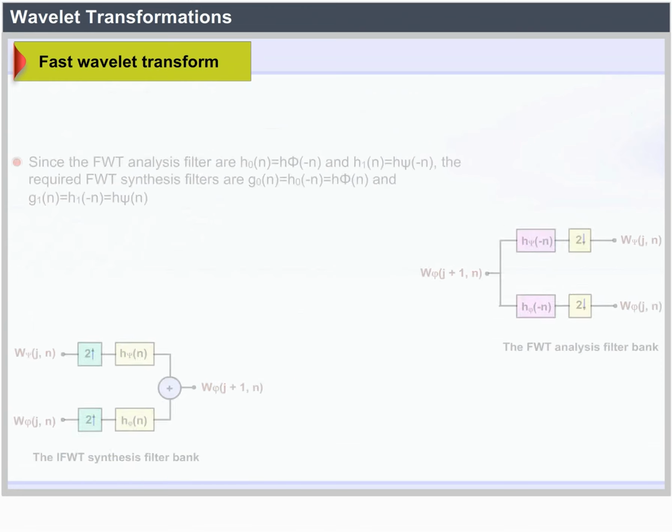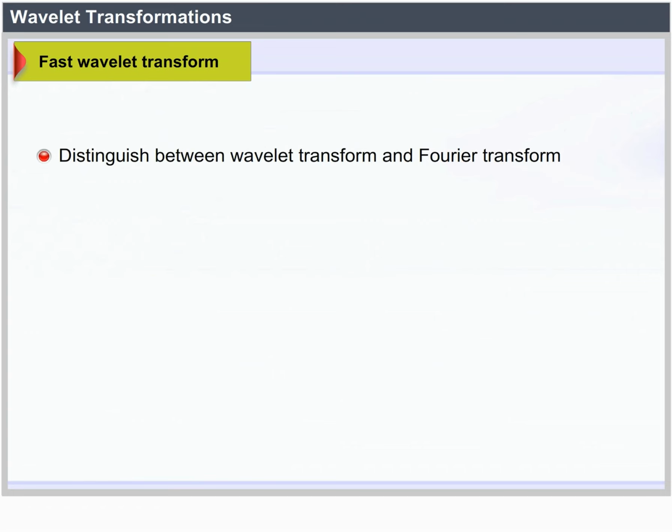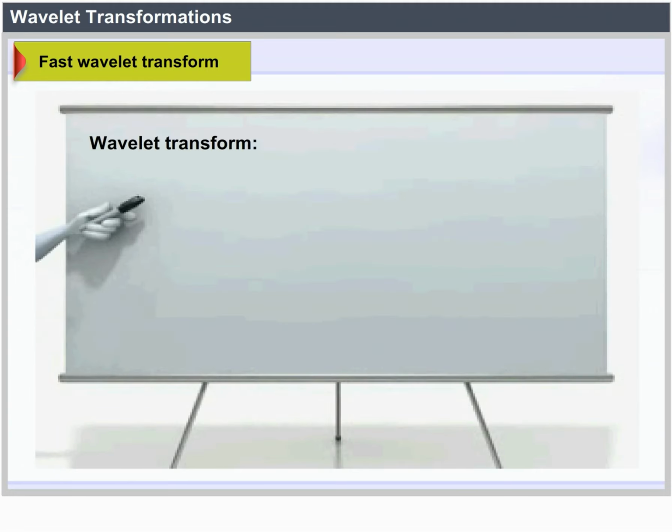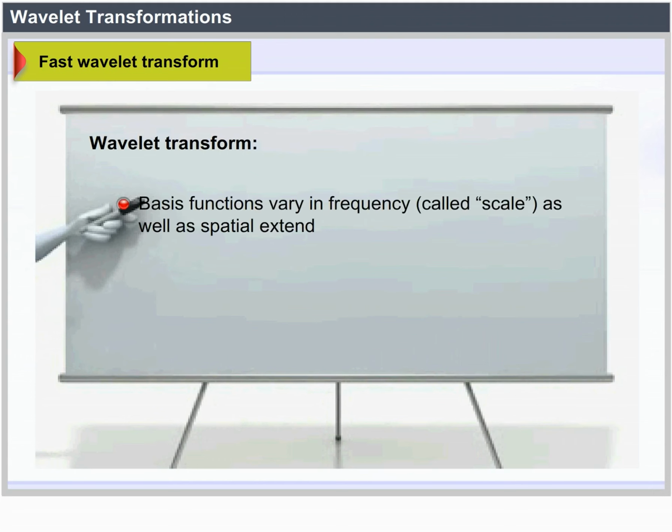Distinguish between wavelet transform and Fourier transform. Fourier transform: basis functions cover the entire signal range, varying in frequency only. Wavelet transform: basis functions vary in frequency, called scale, as well as spatial extent. High-frequency basis covers a smaller area, and low-frequency basis covers a larger area.